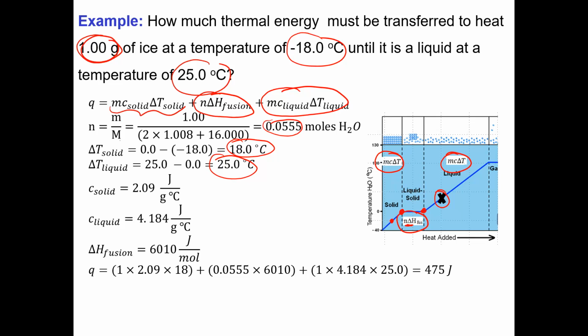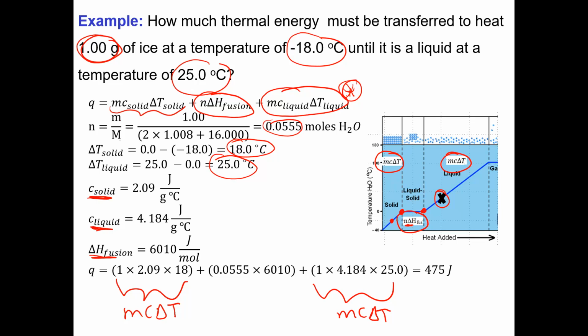So now we're going to have to look up some constants. We're going to need the heat capacity of our solid, the heat capacity of our liquid, and the enthalpy of fusion of water. So once we've got all of that, now we can plug everything in to our equation. So we're going to do our 2 MCATs, making sure we use the correct rise in temperature and the correct heat capacity.